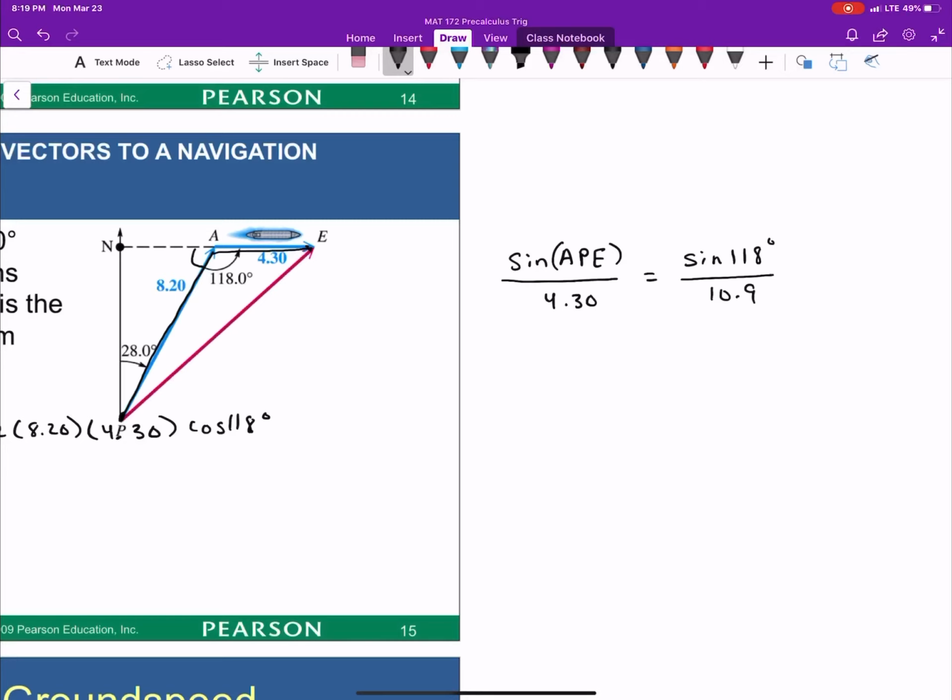Now we'll multiply the other side by 4.30. So let's look at this, and make sure you understand where they're actually asking you to do this from.